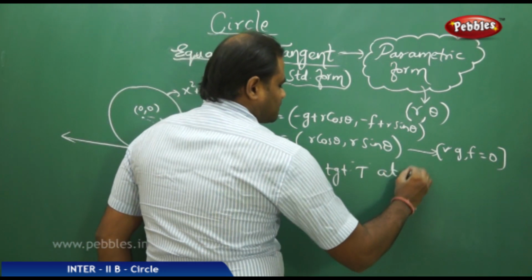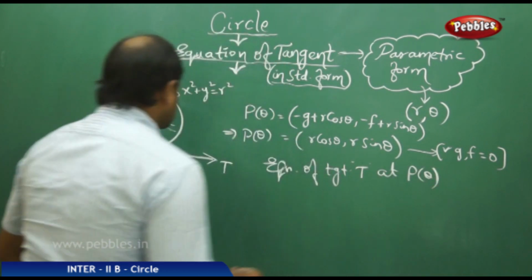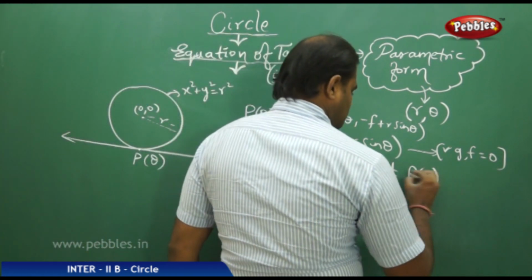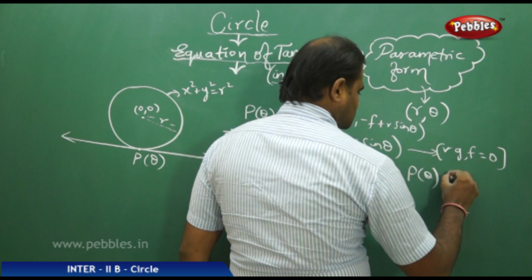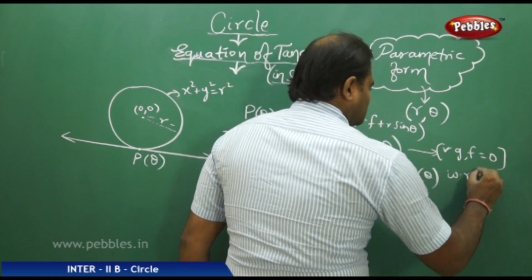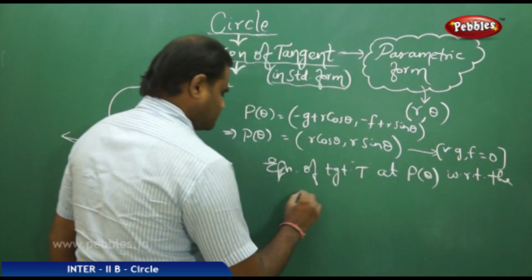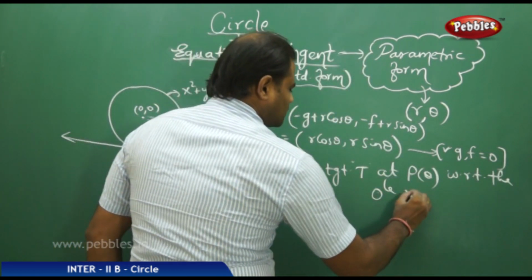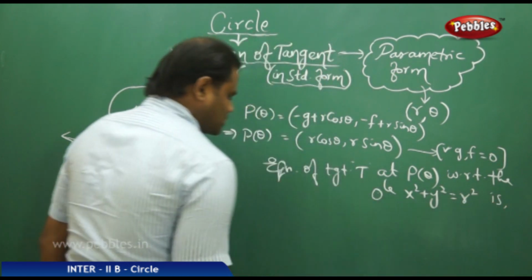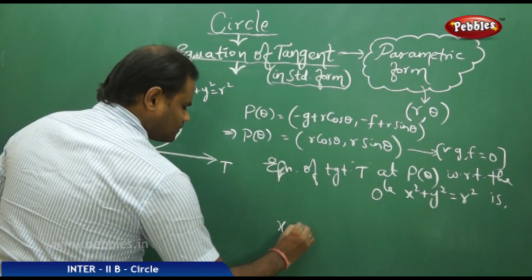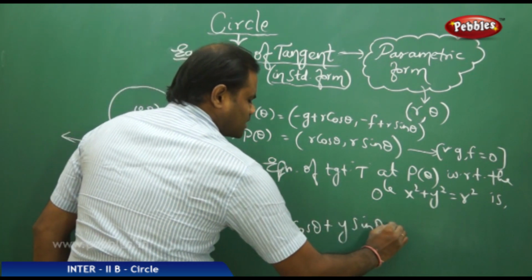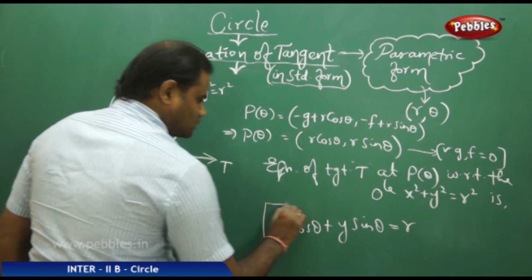Now therefore, for this point r cos theta and r sin theta, the equation of tangent T at P(theta) for the circle x squared plus y squared equal to r squared is given by x cos theta plus y sin theta equals r.